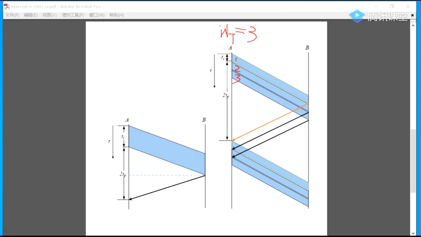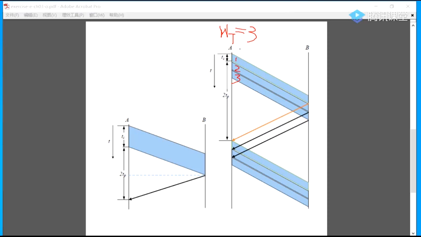Because if I assume WT is 10, it would make the graph too complex.